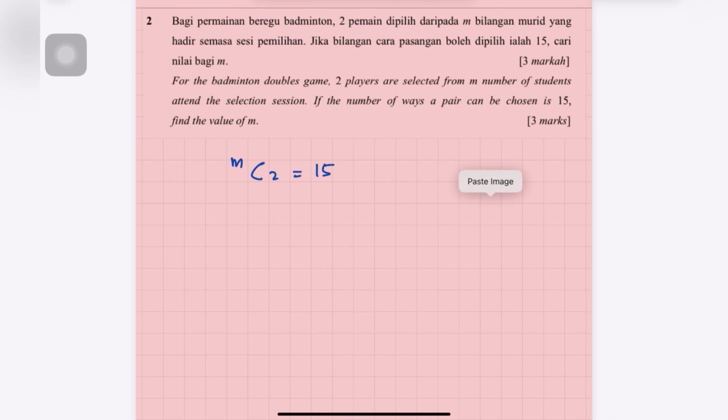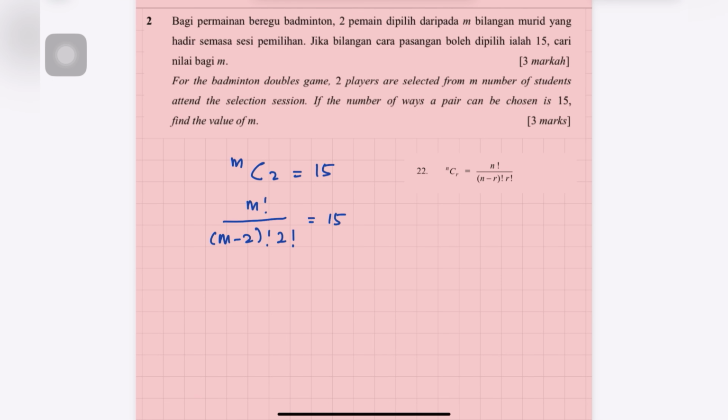Okay, so here actually we have the formula nCr equals n factorial over (n minus r) factorial times r factorial. Then we can apply this formula into this situation. So this becomes m factorial over (m minus 2) factorial times 2 factorial, equals 15.